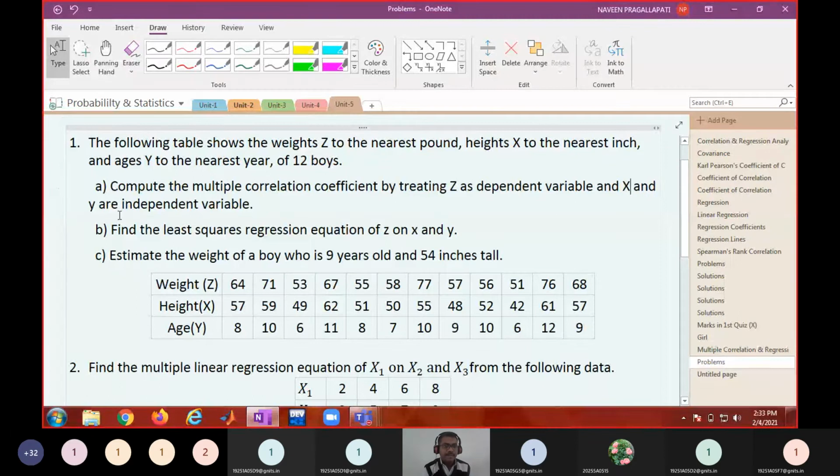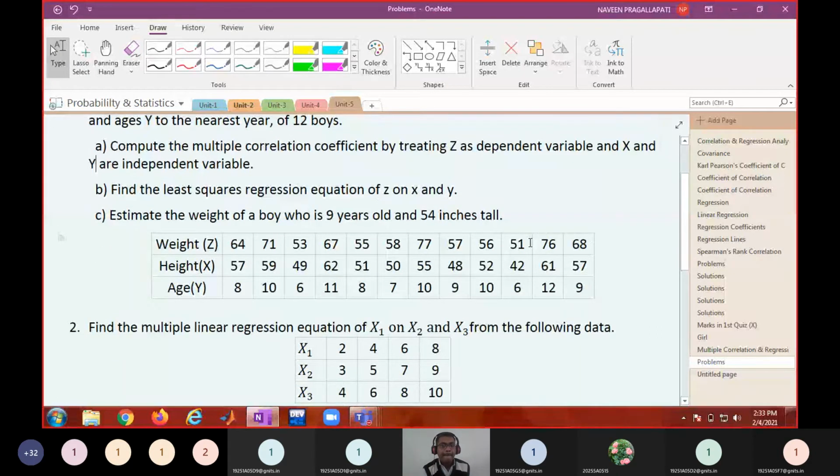Note down the data. Also, find the least squares regression equation of z on x and y.